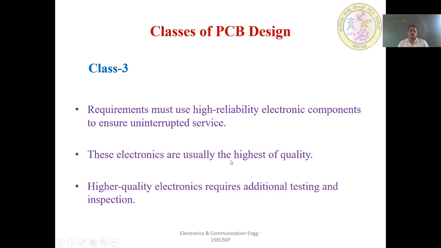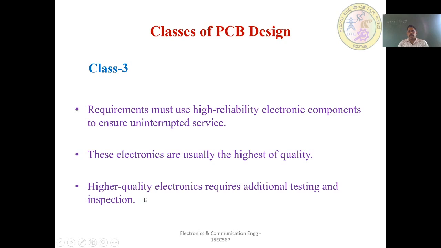These electronics are usually of the highest quality compared to class 1 and class 2. The class 3 PCBs have high quality in nature. Higher quality electronics require additional testing and inspection.